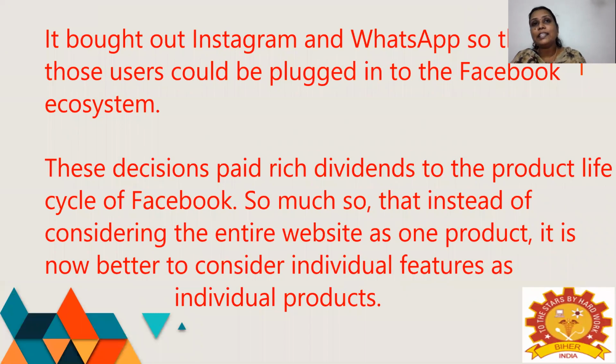These decisions paid rich dividends to the product life cycle of Facebook, so much so that instead of considering the entire website as one product, it is now better to consider individual features as individual products.